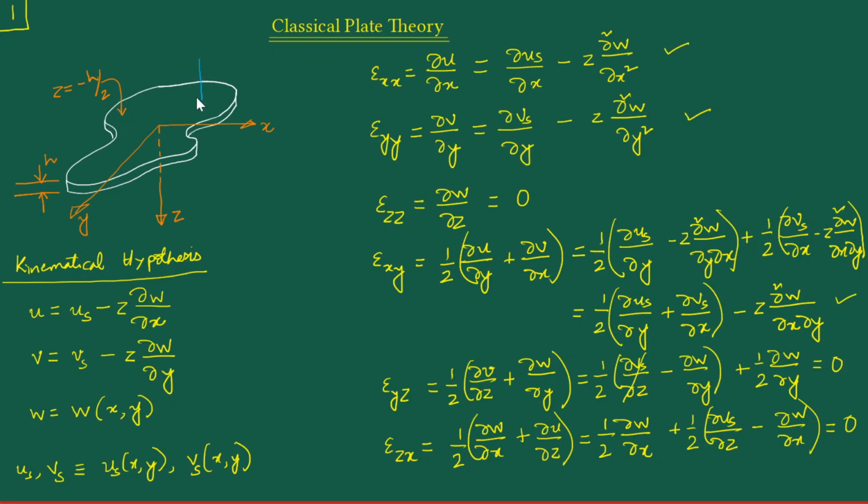So let there be some kind of a distributed load present over this top surface, that is at z equal to minus h by 2. But please note that because of this downward direction of z, this is in the positive direction.